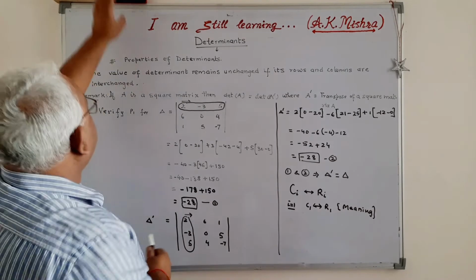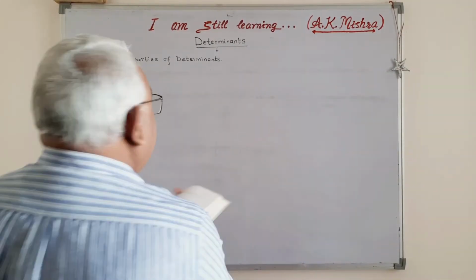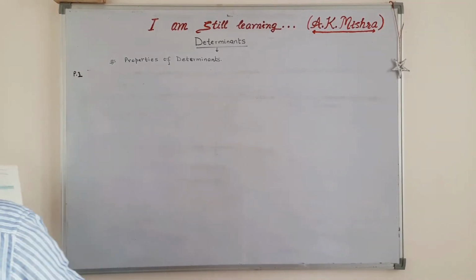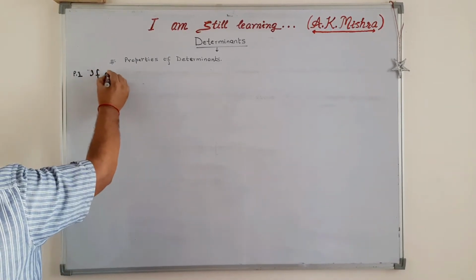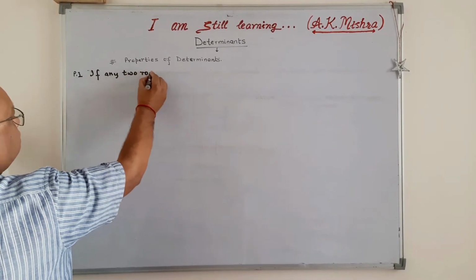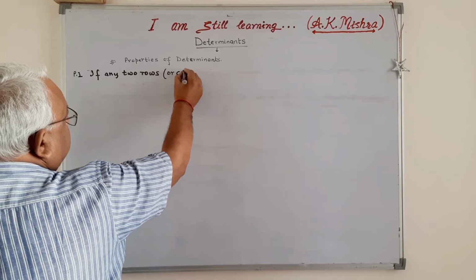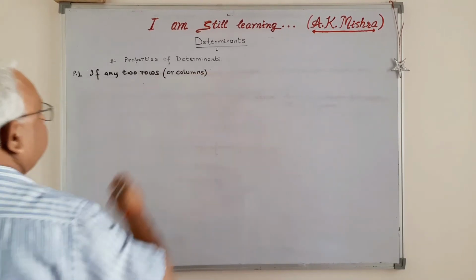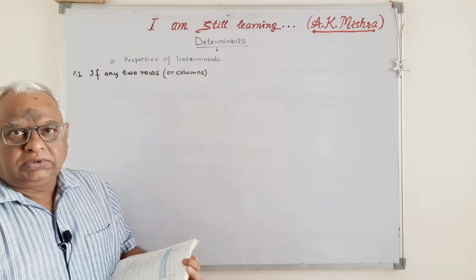Let us move on to property number 2. Property 2 says, if any two rows, and where I am using the word row, you can refer to column also. Whatever property is working on rows, the same property works on columns also.